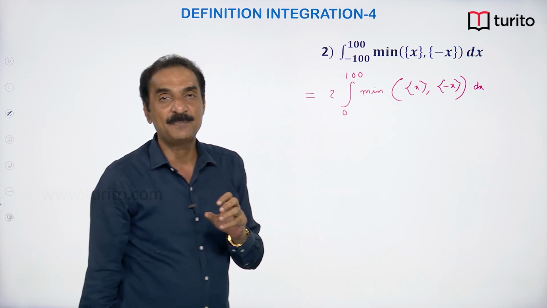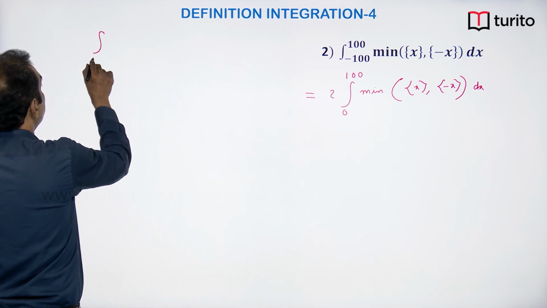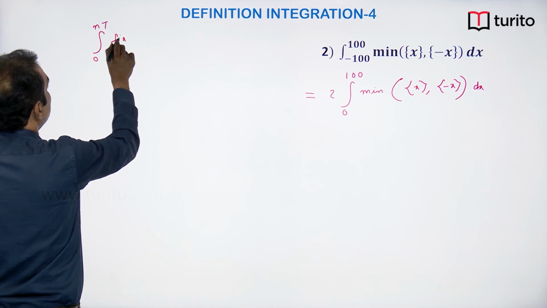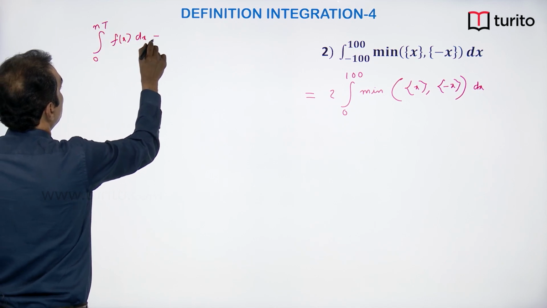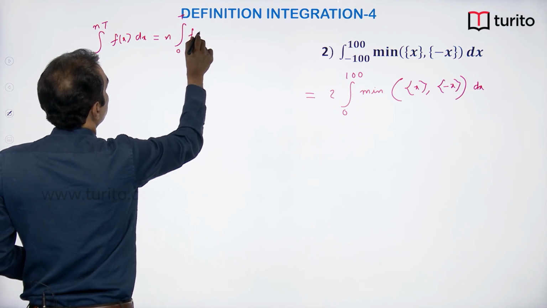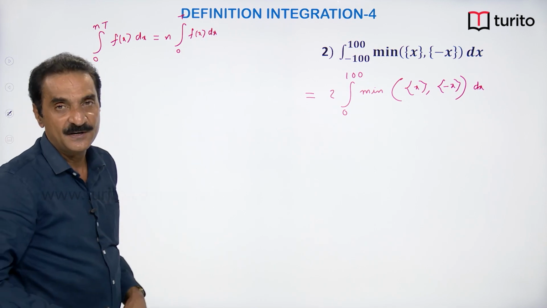Now we are going to apply the periodic function property. Integral 0 to nt f of x dx is equal to n integral 0 to t f of x dx. This is the property of periodic function in definite integral.